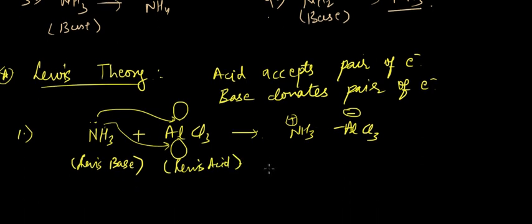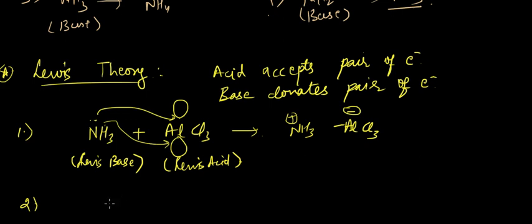Okay, let's take another example. We have pyridine. I hope you remember pyridine. And we have BF3. And what is so important about BF3? That it has one empty p orbital, right?